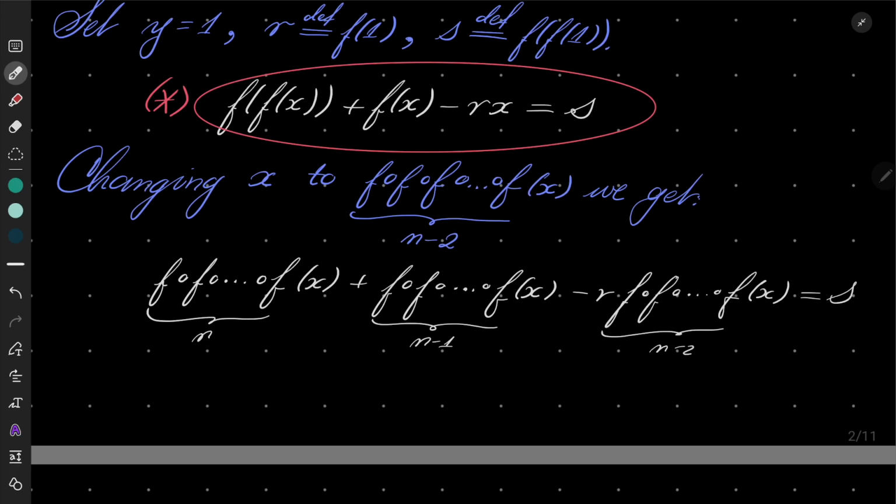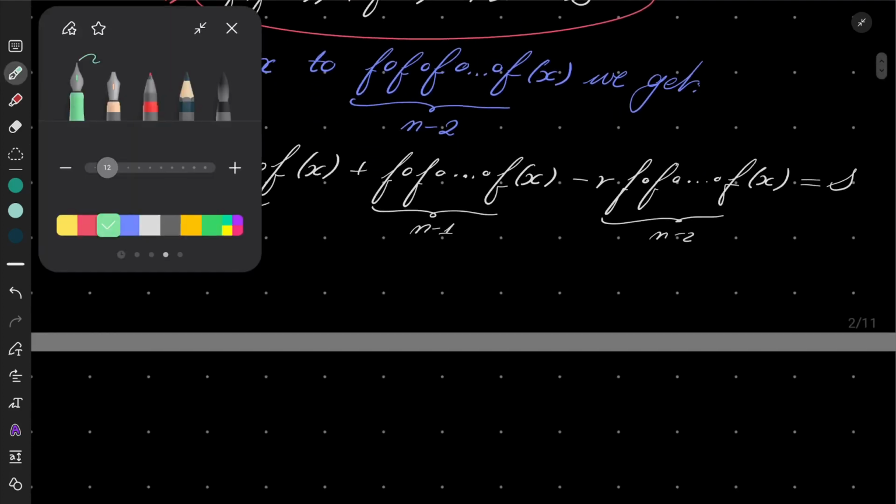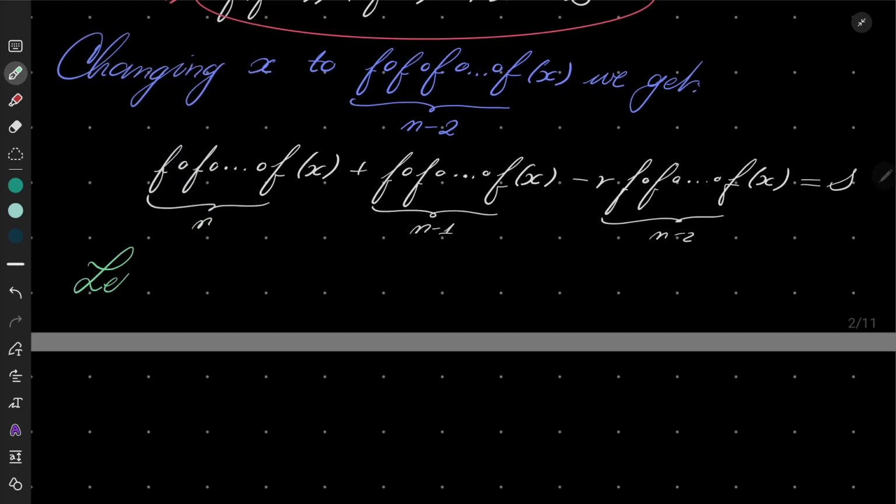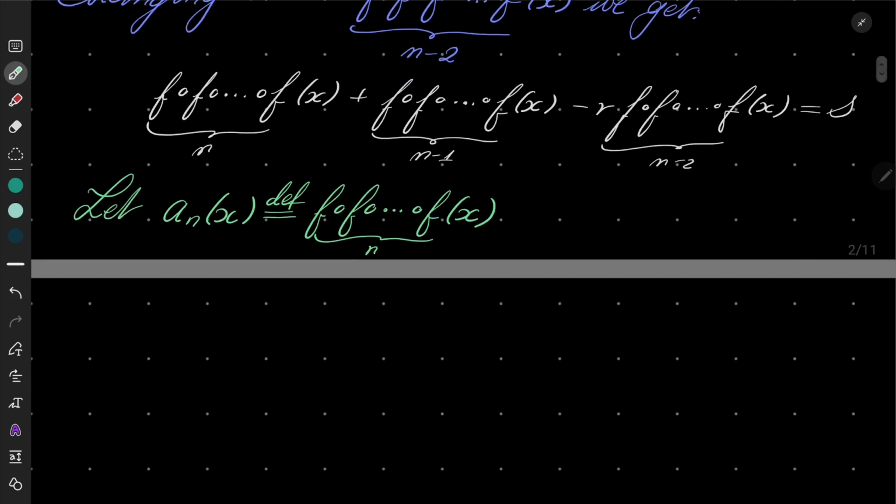And that suggests that some type of recursion is going on. And also, for the sake of brevity, I will let a_n of x be, by definition, f composed with itself n times of x. It's a function of x, but also of n for natural numbers from 0. By convention, if n equals 0, I just define it to be identity. So a_0 of x will be just x.